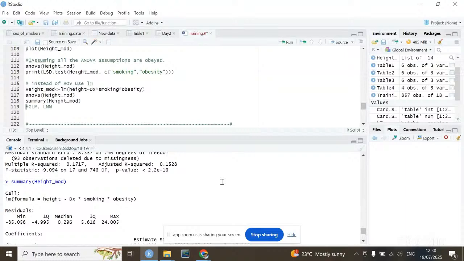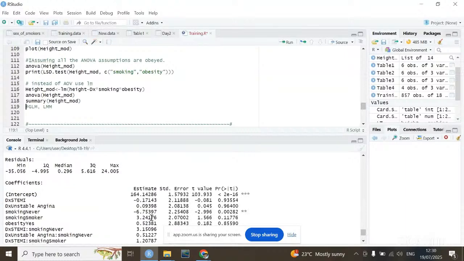This one will give you like a regression. So you realize that the intercept is significantly different from 0 with the p-value of this. That is the p-value.